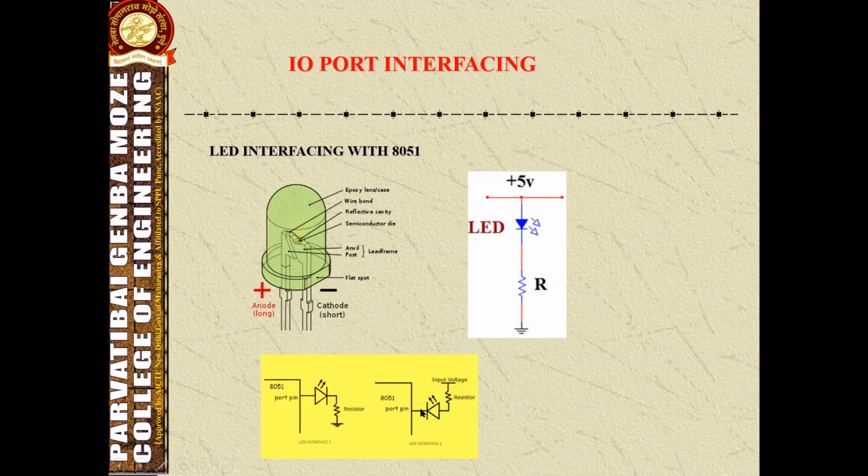So how can I make this LED glow? When the port pin is configured as an output port and I provide a high signal to it, the pin becomes 1.